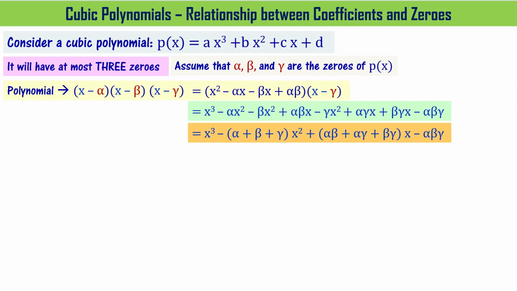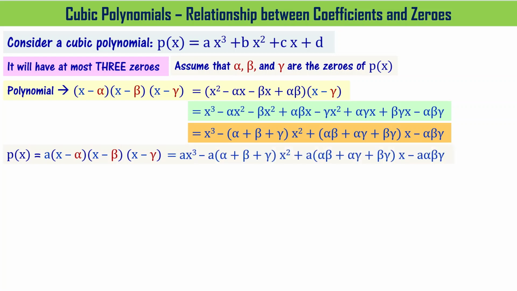If I say that my p of x is not just the product of x minus alpha, x minus beta, and x minus gamma, instead, if I say that p of x equals a times x minus alpha times x minus beta times x minus gamma, then the whole expression can be written like this. Here I am introducing a for convenience sake.